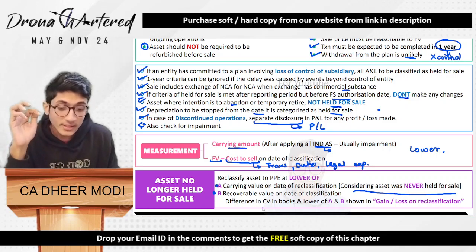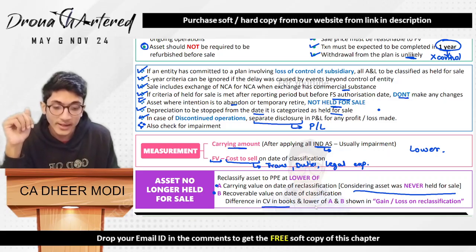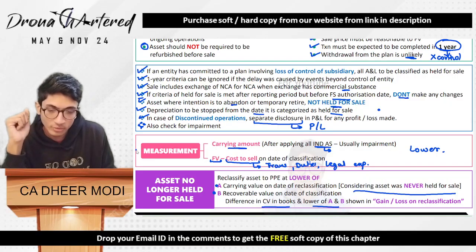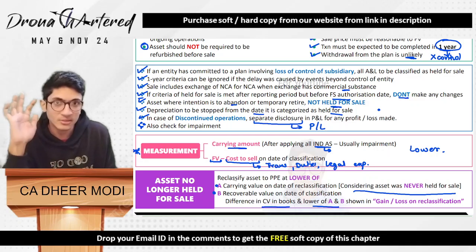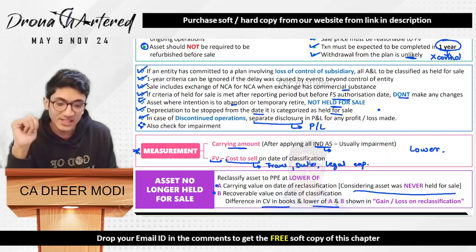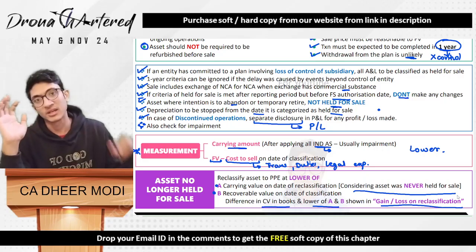Any difference between the carrying value in books and the lower of A and B, because the asset would be shown at some carrying value, this measurement that we saw, and now we are again changing the value. Whatever this change will be, this will be shown in gain or loss on reclassification.